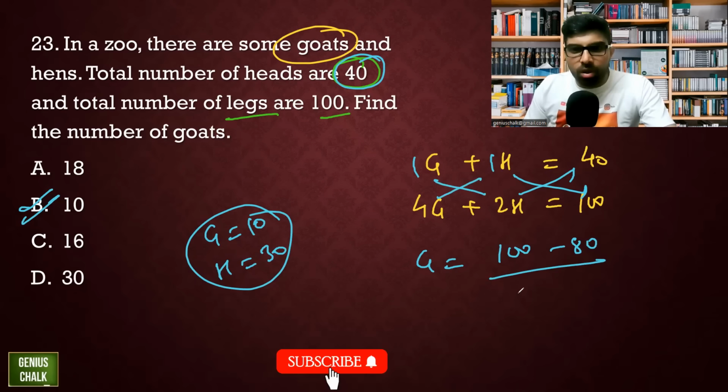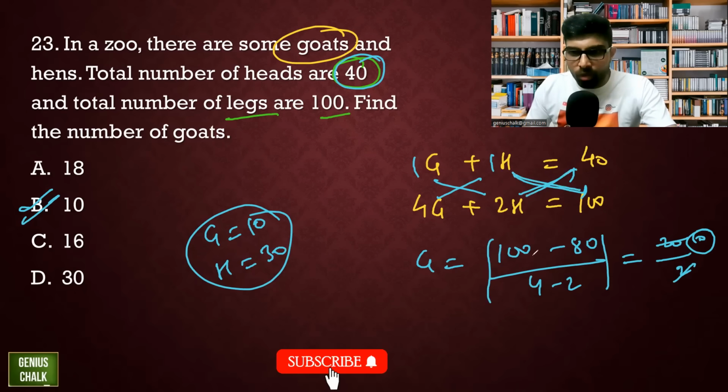So this is 4 minus 2, how much? 20 by 2, that is 10. Basically we have to get plus here. Okay, multiply anyway, but overall should be plus, no negative. So g value is coming out to be 10. So h value will be 30.